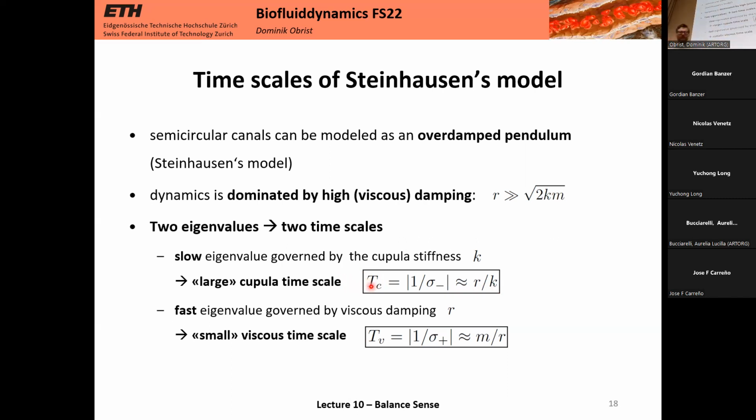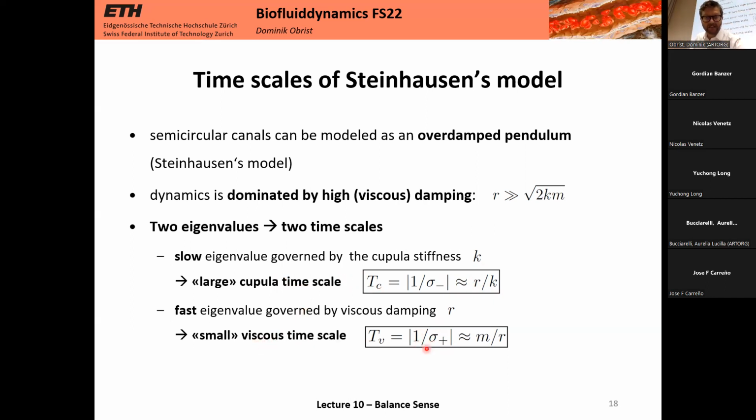And because it's also dominated by the stiffness of the cupola, this is typically called the cupola timescale. If you put in the right numbers, it turns out to be on the order of, let's say, 10 to 30 seconds. This is the time it takes for the signal to decay. I'll come back to what that means.